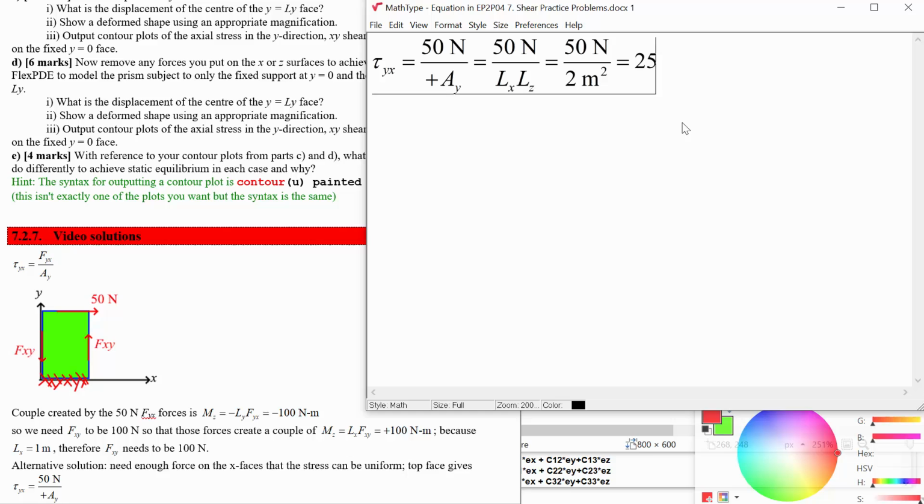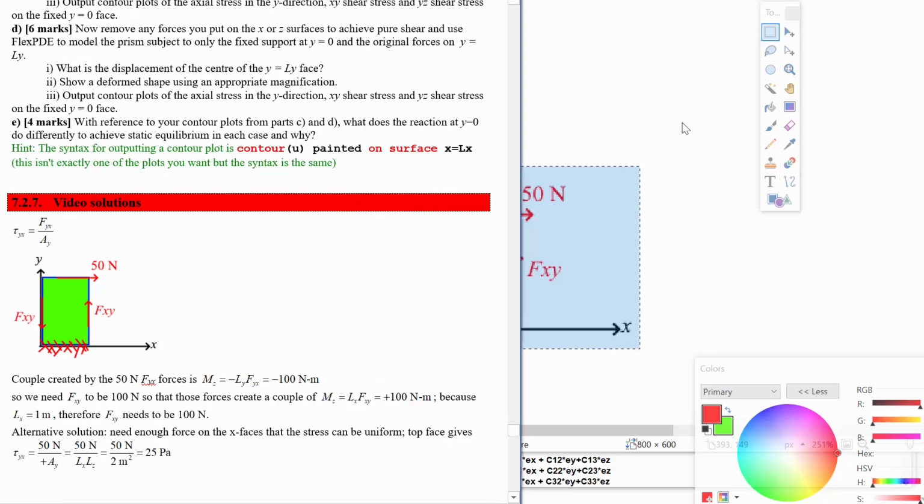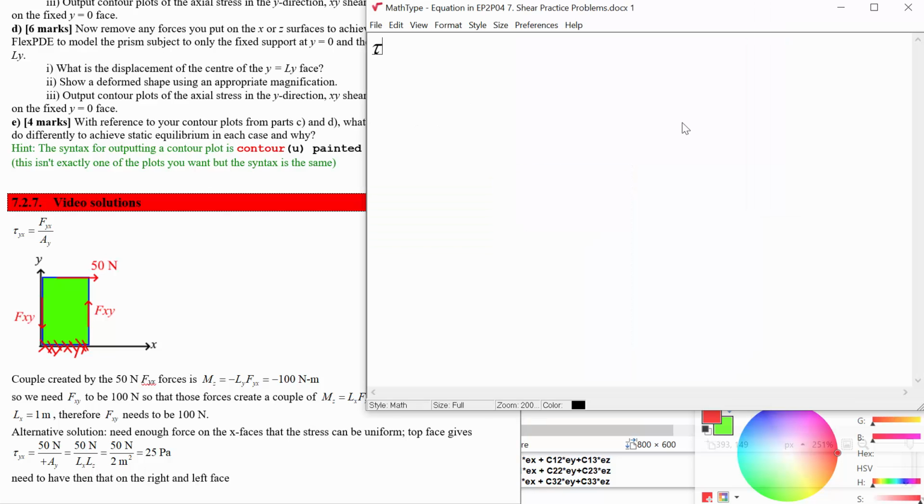So this is going to be 25 Pascal. All right, so that means we need to have then that on the right and left face, tau xy is also equal to 25 Pascal.